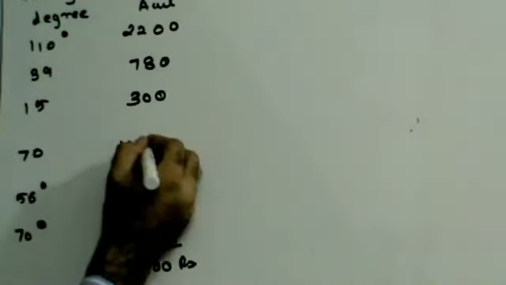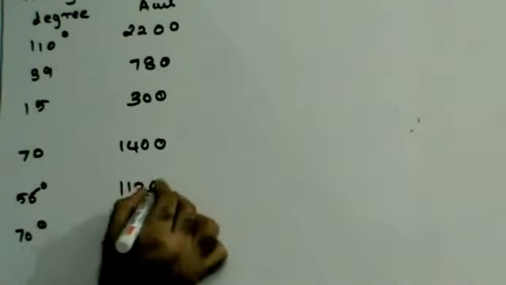Education is 70 divided by 360 into 7,200, which is going to be 1,400. Then clothes is going to be 56 divided by 360 into 7,200, which is going to be 1,120. And lastly, rent is 70 divided by 360 into 7,200, which should be 1,400.